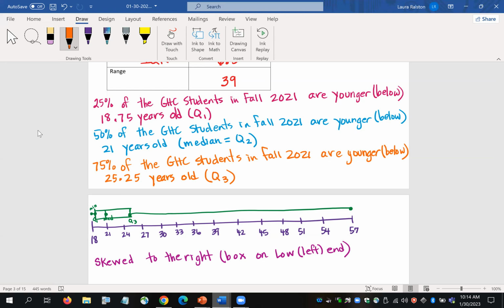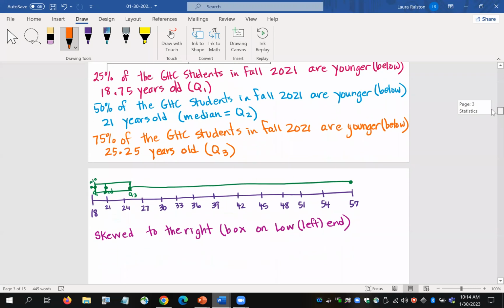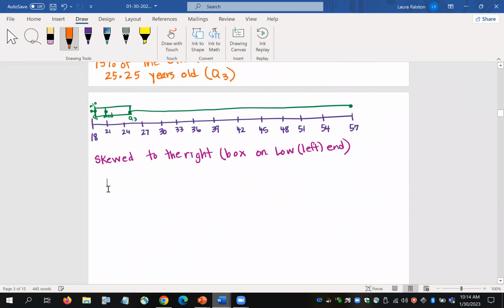Now, I'm going to show you how to create a box plot in Minitab. So I'm going to put box plot in Minitab, and I'm going to give you the keystrokes. Again, a box plot is a graph. So we would go to Graph and then choose Box Plot.